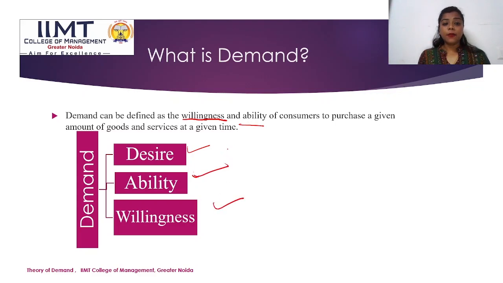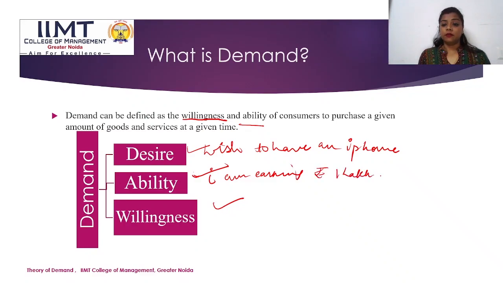Basically, desire means that I wish to have an iPhone. And ability is that I am earning rupees 1 lakh as income.